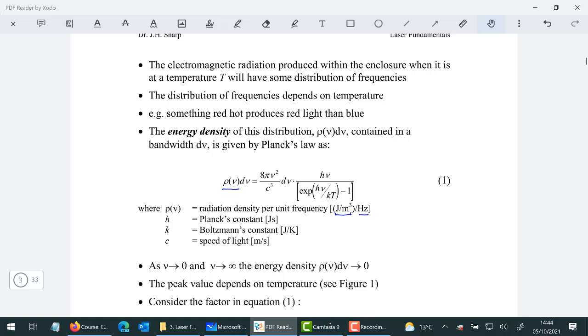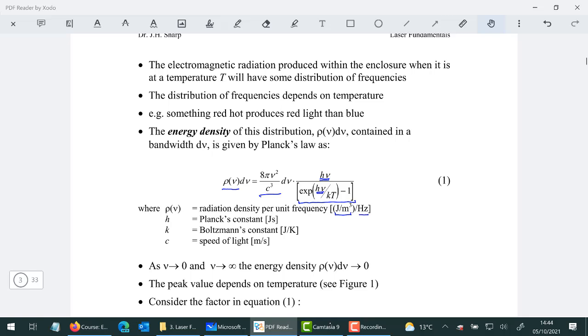And you can see that we have a constant number here, and we have a 1 over exponential minus 1 type shape there. We have the energy of the photon, the electromagnetic photon which is being generated, appearing both in the top and the bottom.